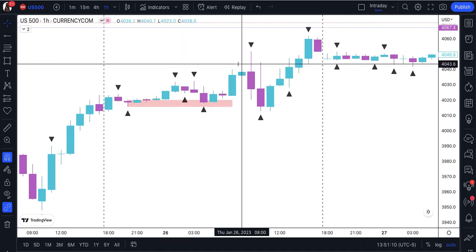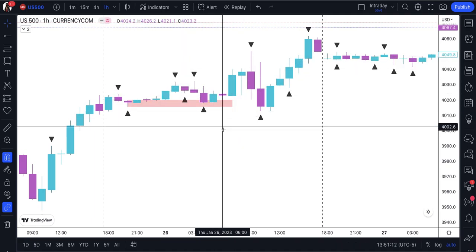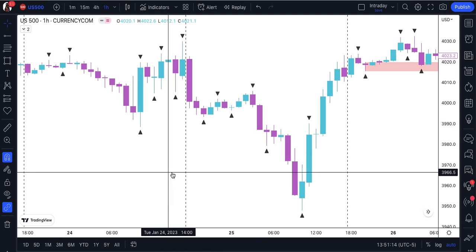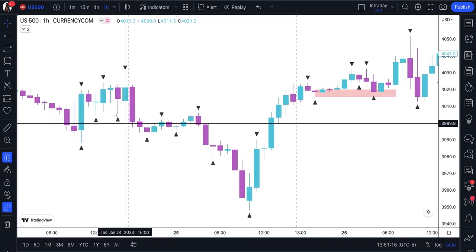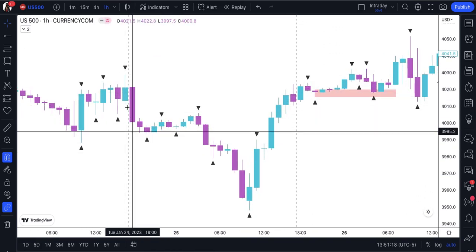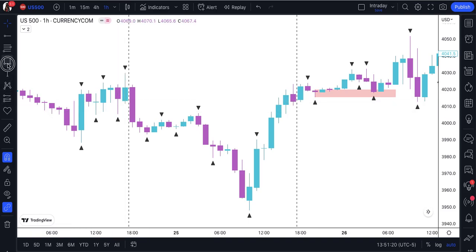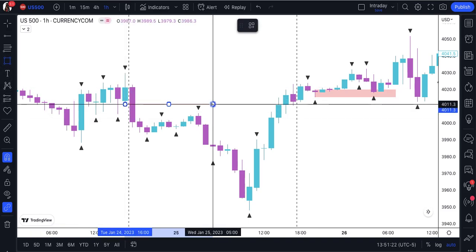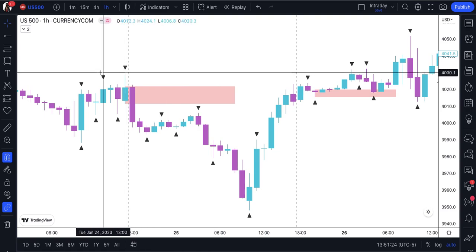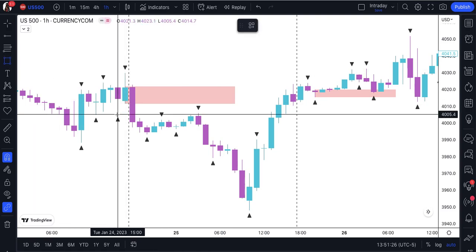Hits it, shoots up. This should be a nice level of resistance, the order block, because it broke this level.